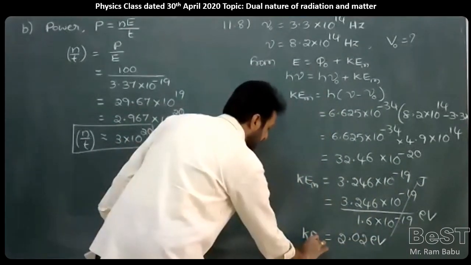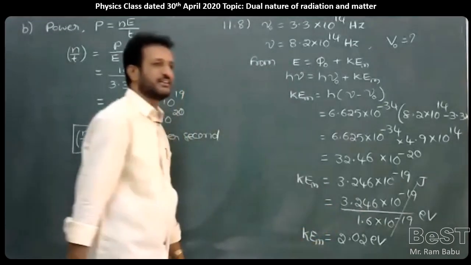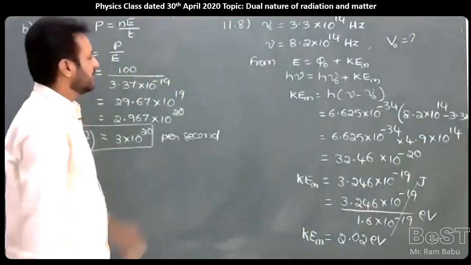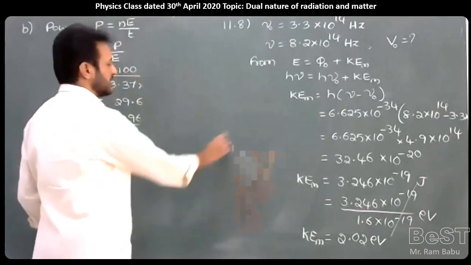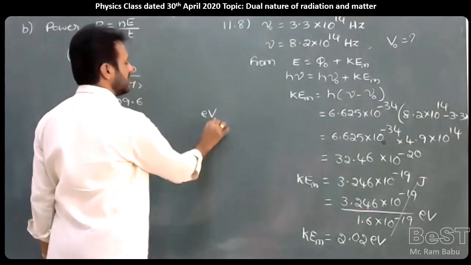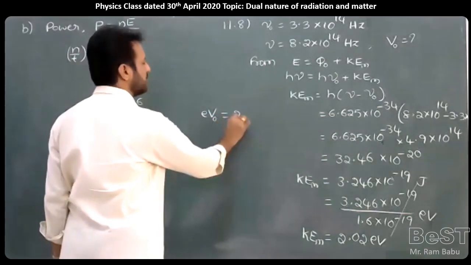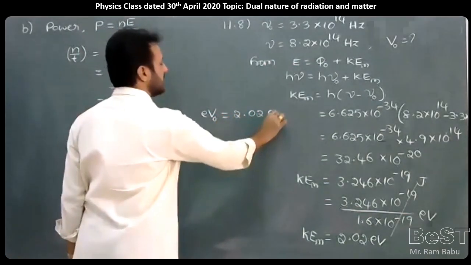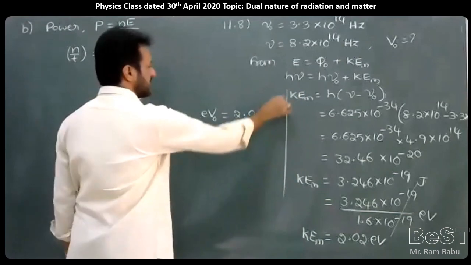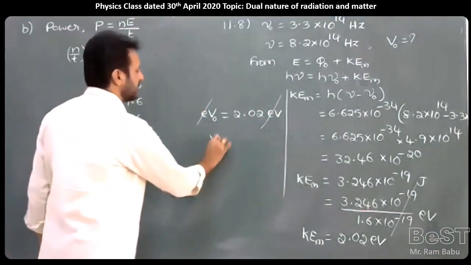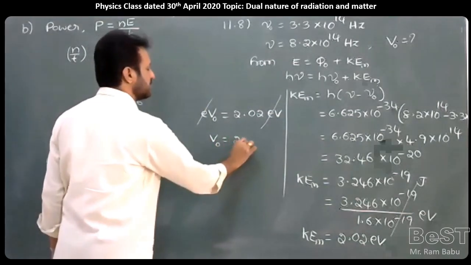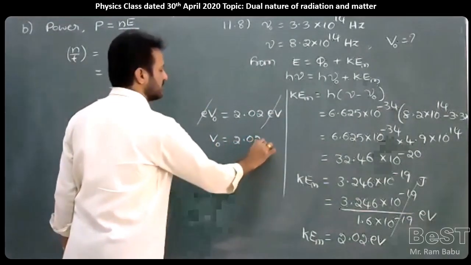But we know the formula for kinetic energy, e V naught. I'll substitute here. Ke maximum is equal to e V naught, which is equal to 2.02 electron volt. Both sides I'll cancel the e value. Therefore, V naught is equal to 2.02 electron volt.